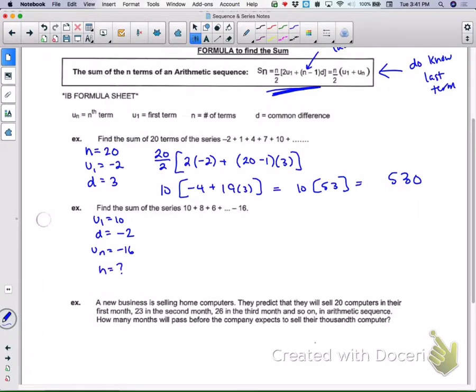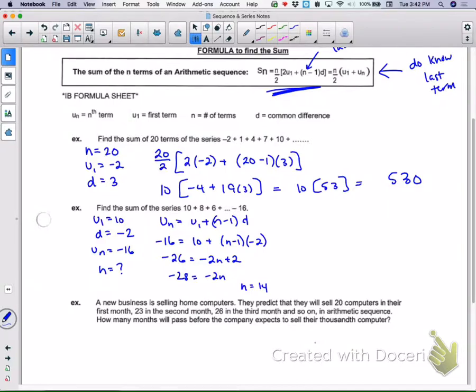So let's find that number. If I plug it into this formula, I can solve it. So u sub n is negative 16, 10, don't know n, negative 2. Okay, so negative 26 would be equal to negative 2n plus 2, and that's going to be negative 28 is negative 2n, and n is equal to 14.